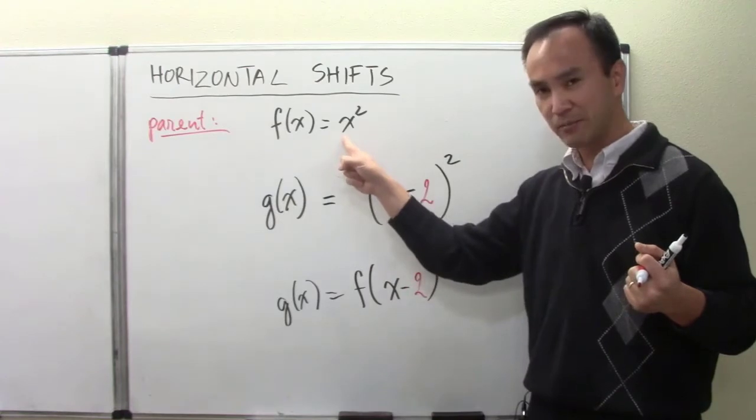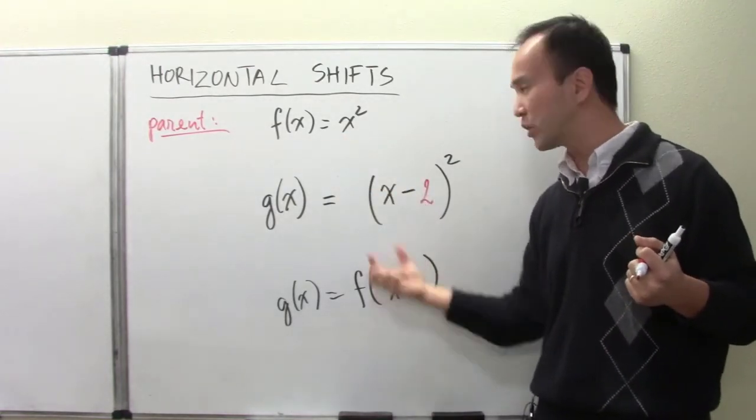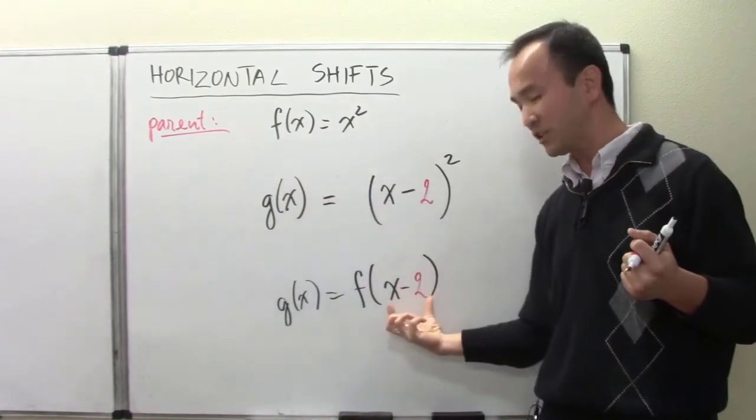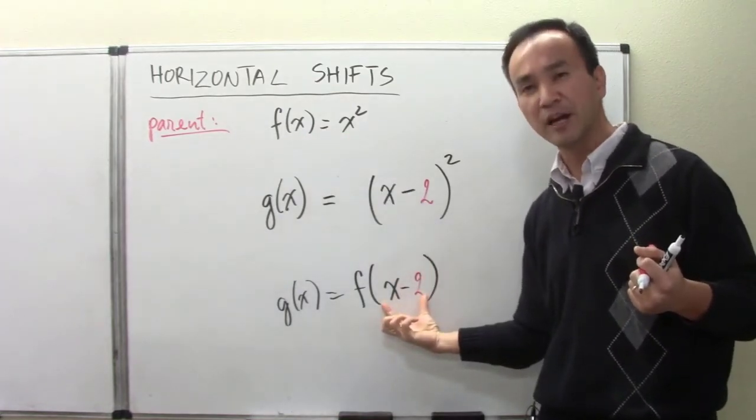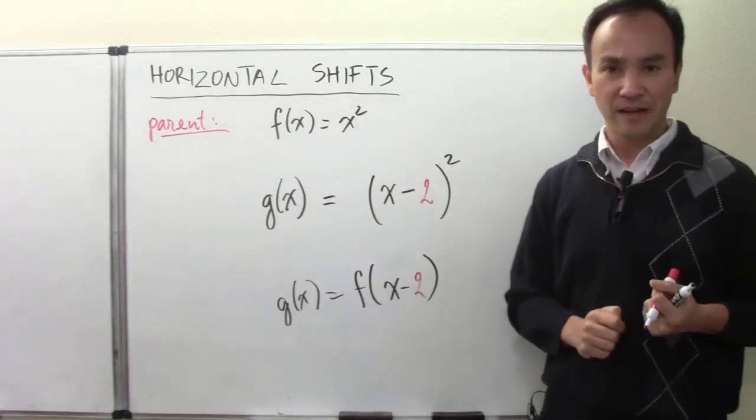F of x is simply that simple rule: you square the inputs. But here, instead of the usual input x, the input is an expression x minus 2, taking the role of the input of our function f.